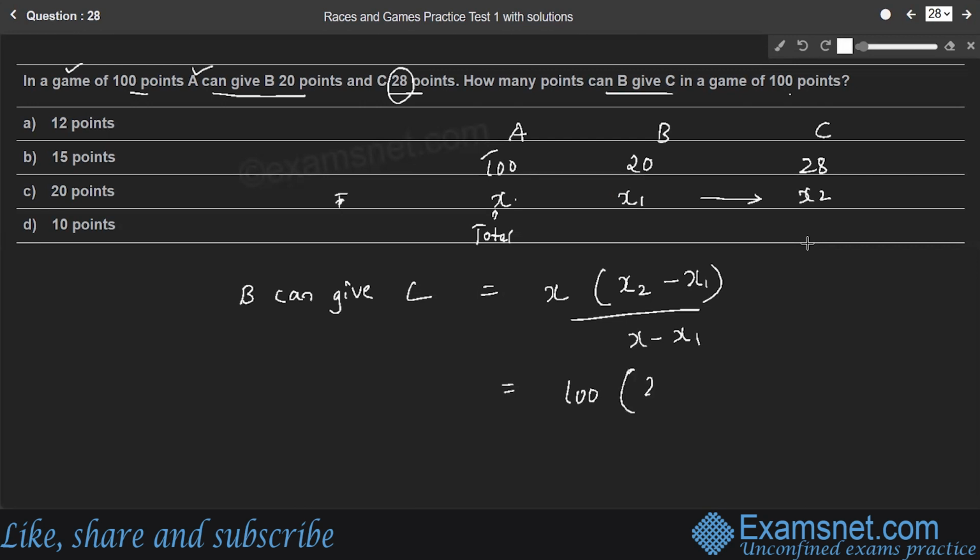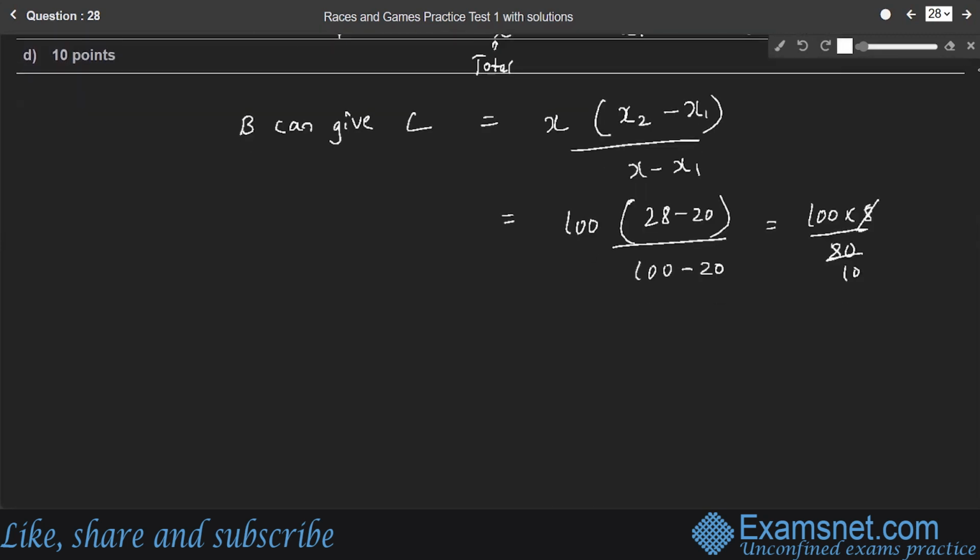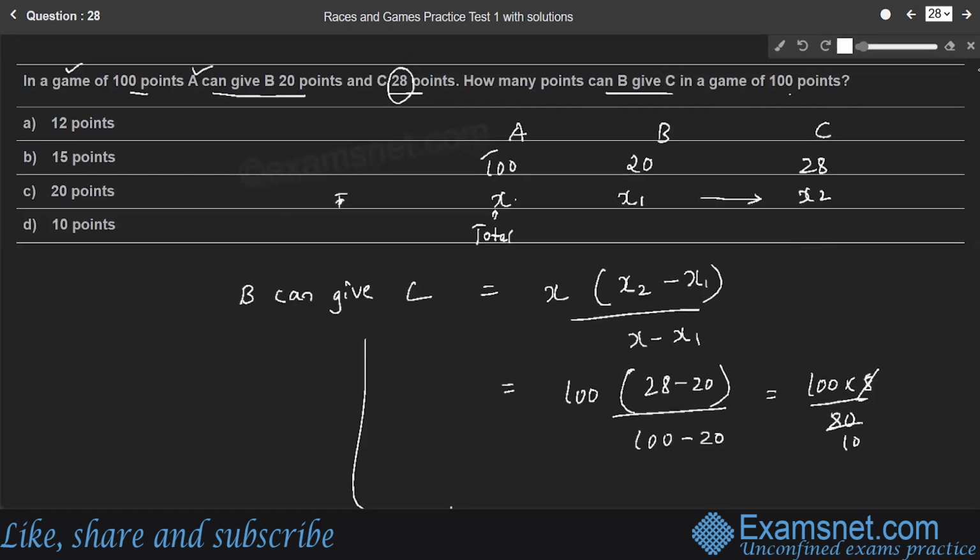X2 is 28 minus X1 is 20, divided by X is 100 minus X1 is 20. Right, so 100 into 8 by 80. So it is 8 into 10. So 10 points. Right, so points given to C by B is 10 points. B can give 10 points to C. Hence, option D is the right answer.